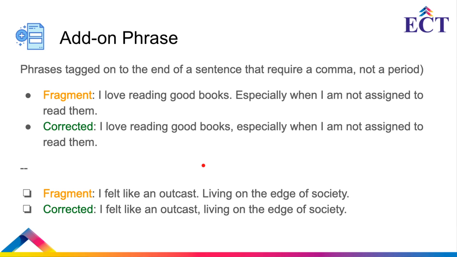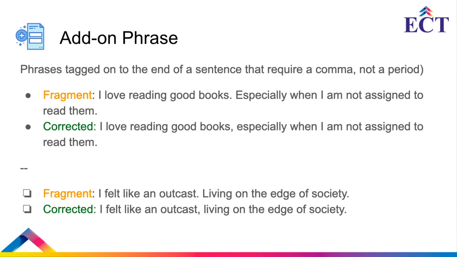Then moving to the next, add-on phrases. These are phrases tagged on the end of a sentence that require a comma, not a period. So for example, fragment: I love reading good books. Especially when I am not assigned to read them. Now, especially when I am not assigned to read them, this is an add-on phrase. Okay, you added some more information to the previous sentence.